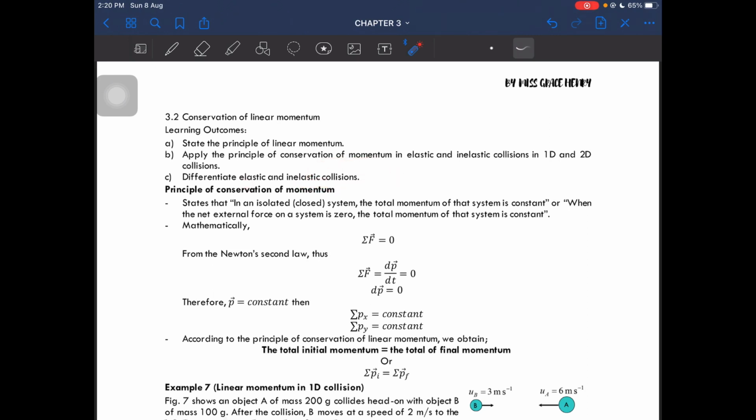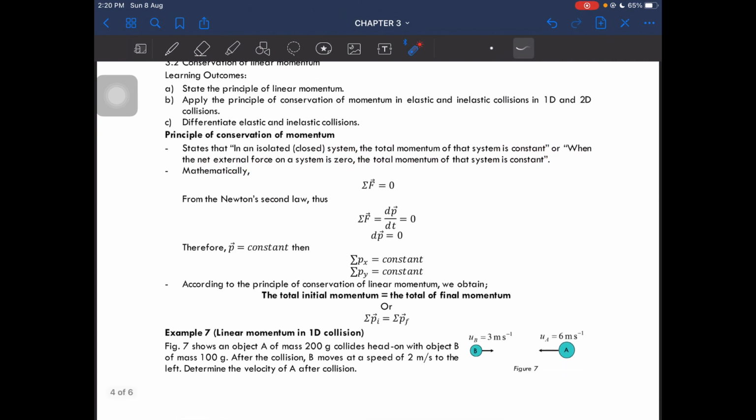Okay, so the principle of conservation of momentum states that in a closed system, the total momentum should be constant. Or it can also be stated as: when the net external force on the system is zero, the total momentum of the system is constant.